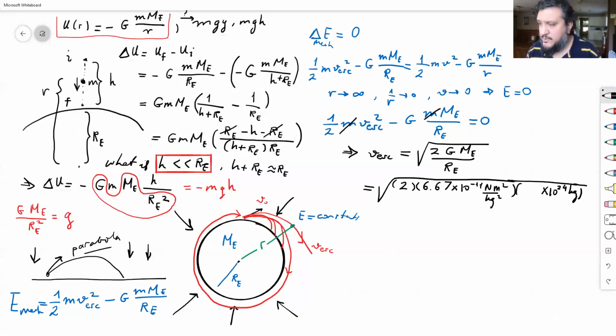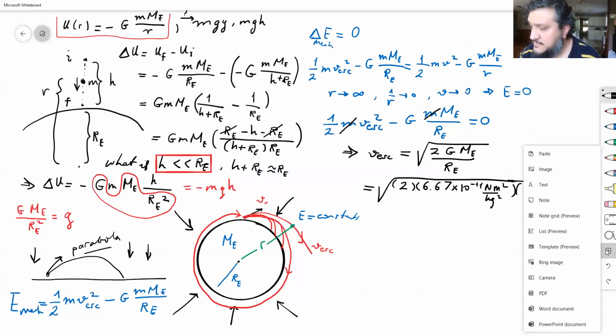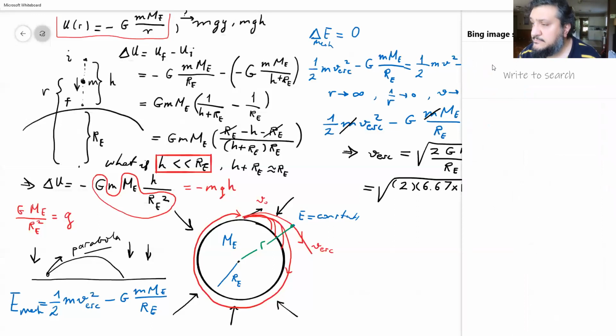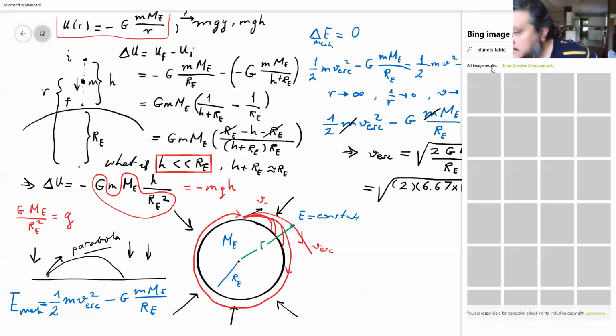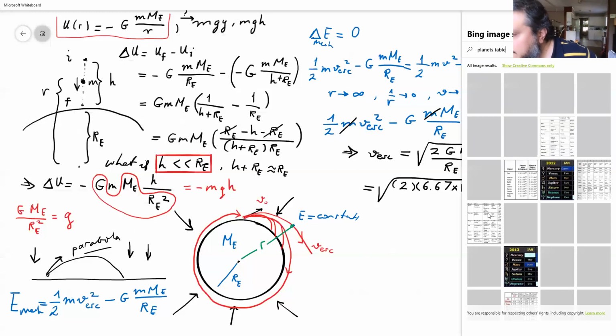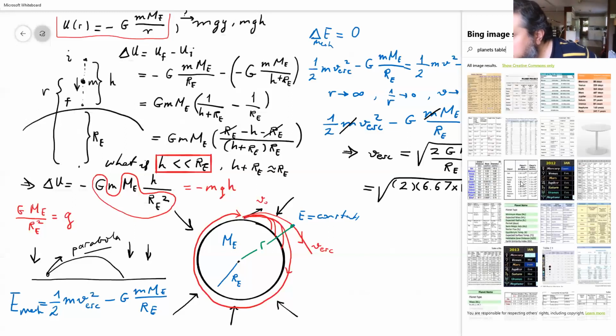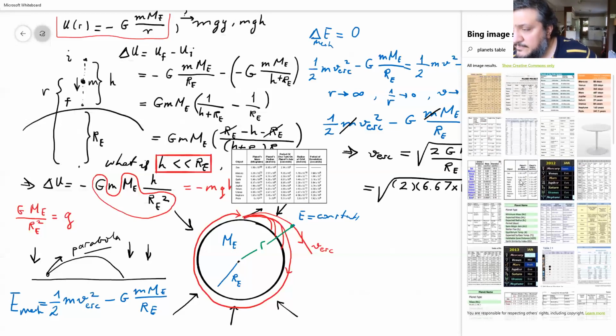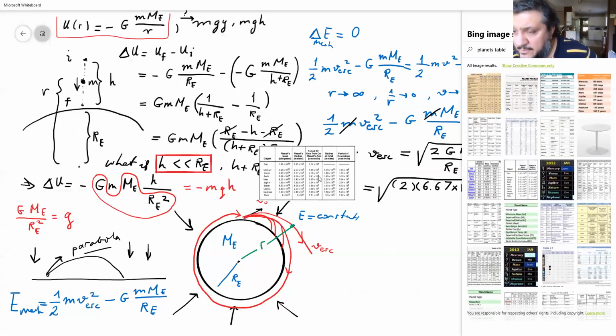Was it 5 point something? What was it? Let me see. Just give me a second. Planets table. How about this one here? Okay, that's good.